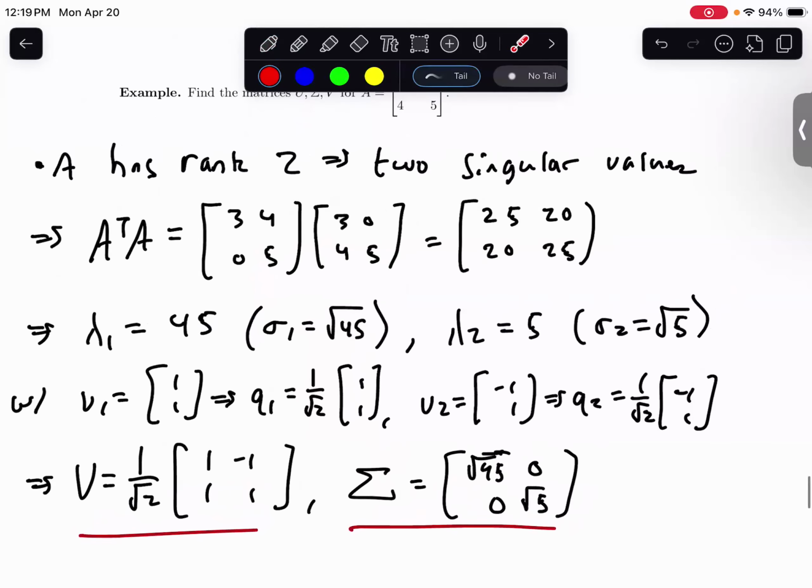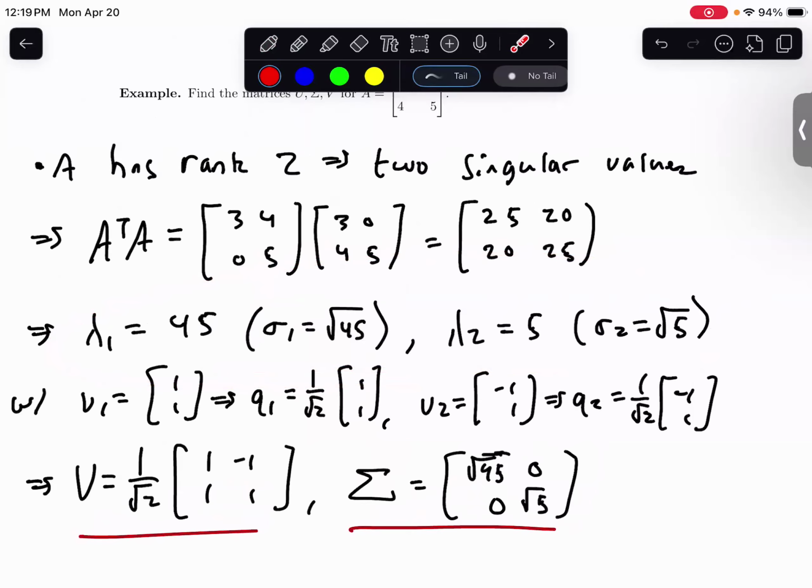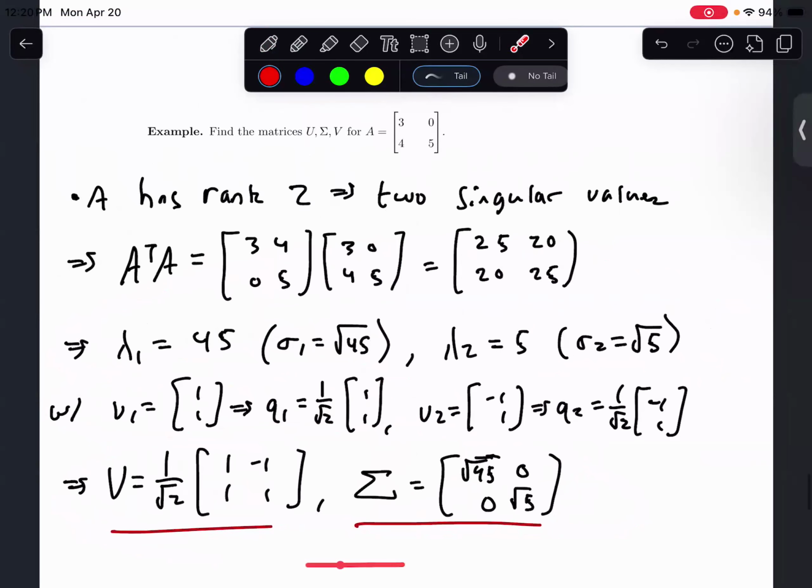I would use a calculator to find this. I just took the numbers from the book, but if you didn't have a book to look at, you can use a calculator to find these eigenvalues. That'd be kind of annoying to find otherwise. But after finding the eigenvalues, the eigenvectors are easy to find, and then you just use what you know to put these two things together. So we're like two-thirds of the way done already. Okay, any questions so far about V and sigma?